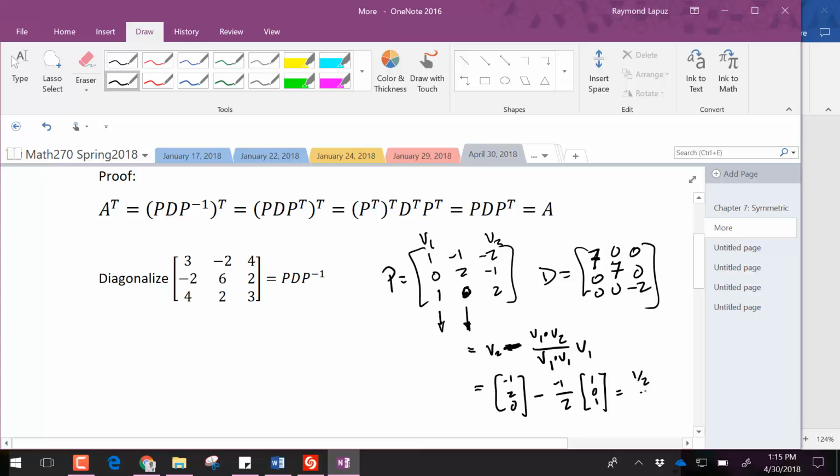And then 0 minus negative 1/2. So this should be perpendicular to V1, right? Negative 1/2? Yeah, thanks. So negative 1/2 to positive 1/2.